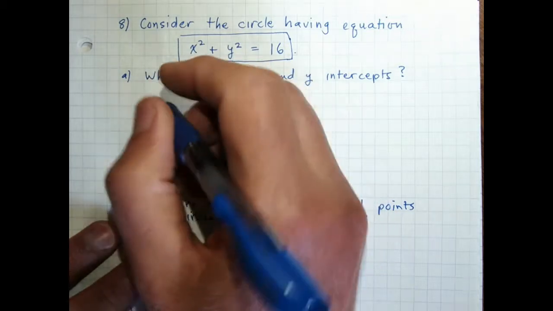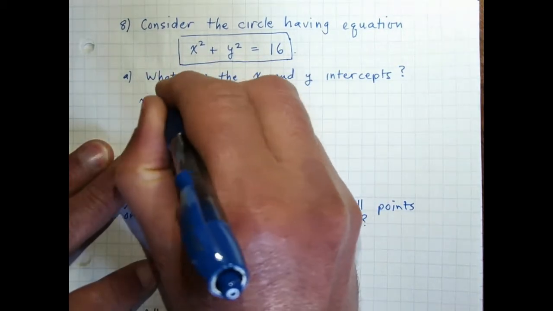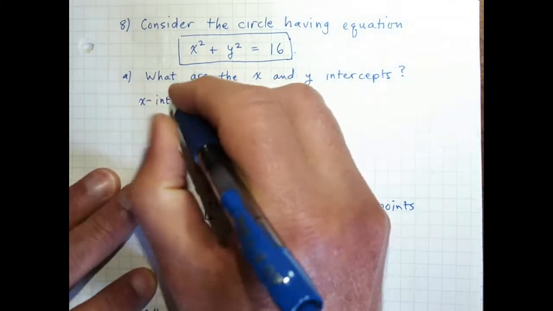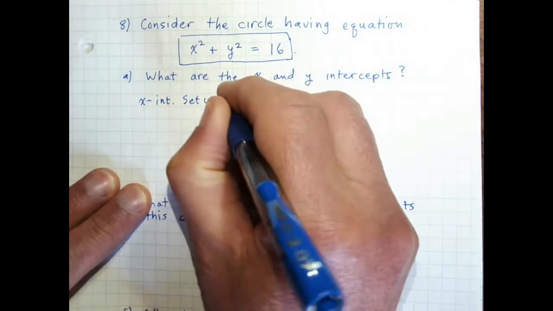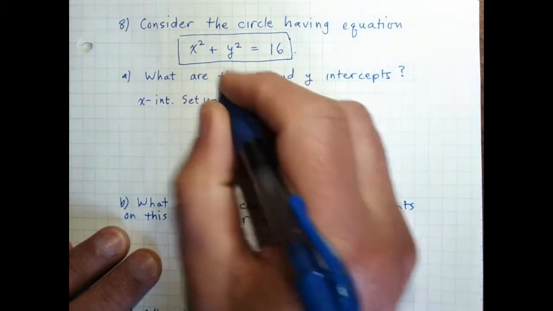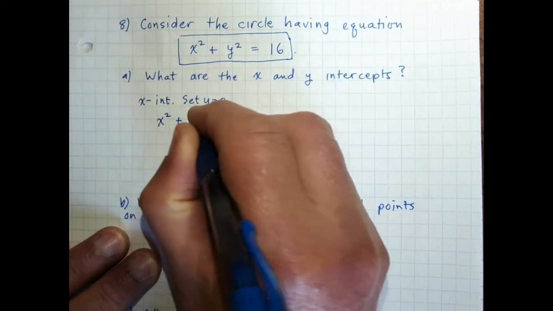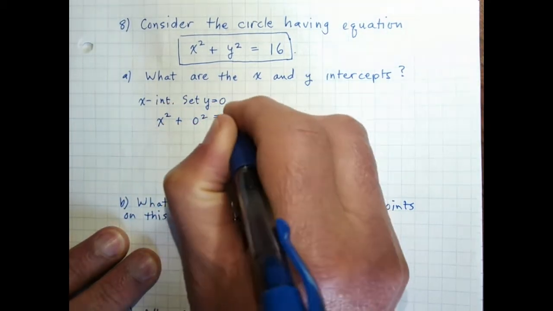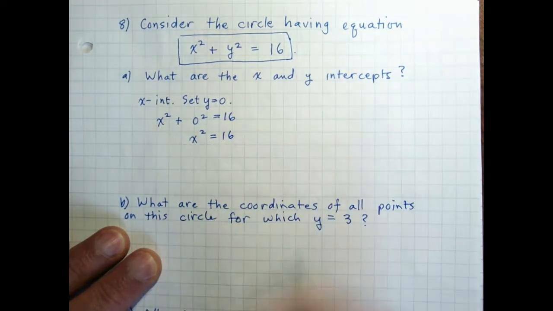So let's do x intercepts. To get x intercepts, we have to set y equal to 0. So I'm going to take that equation and write x squared plus 0 squared equals 16. x squared is equal to 16.